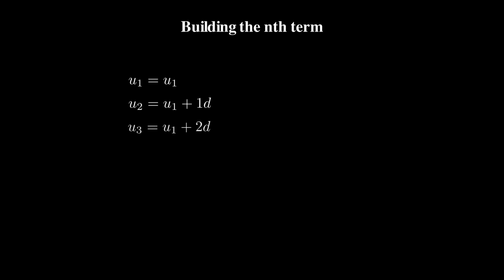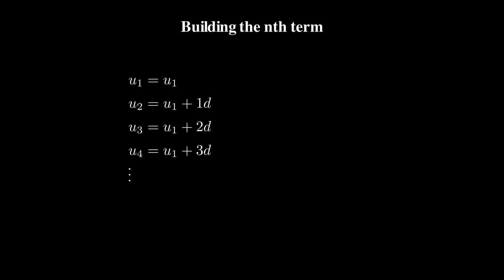Let's build the formula instead of memorizing it. The first term is just u1. To reach the second term, we add 1d. The third term, u1 plus 2d. The fourth, u1 plus 3d. Watch the multiplier on d.